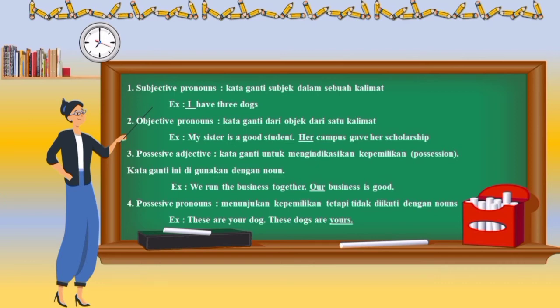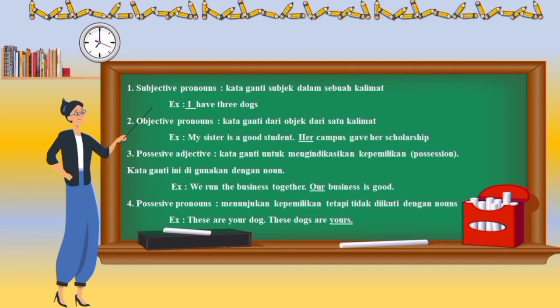So the last is possessive pronoun. Before this, I have talked about possessive adjective. Now, here is possessive pronoun. Possessive pronoun menunjukkan kepemilikan tetapi tidak diikuti dengan nouns. For example, these are your dogs.